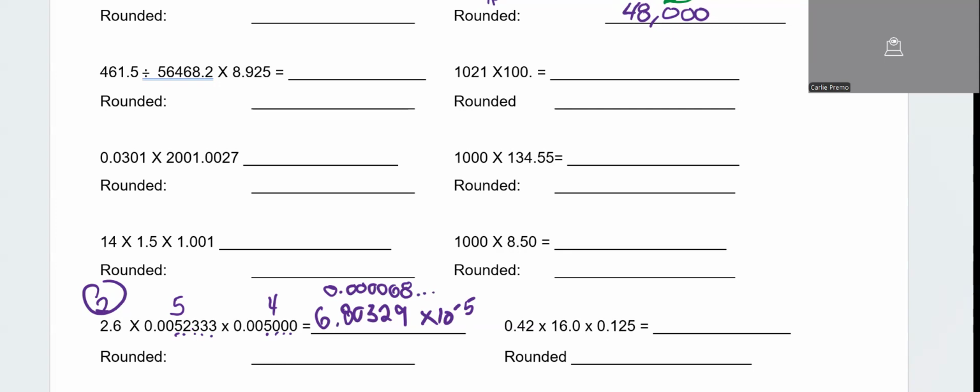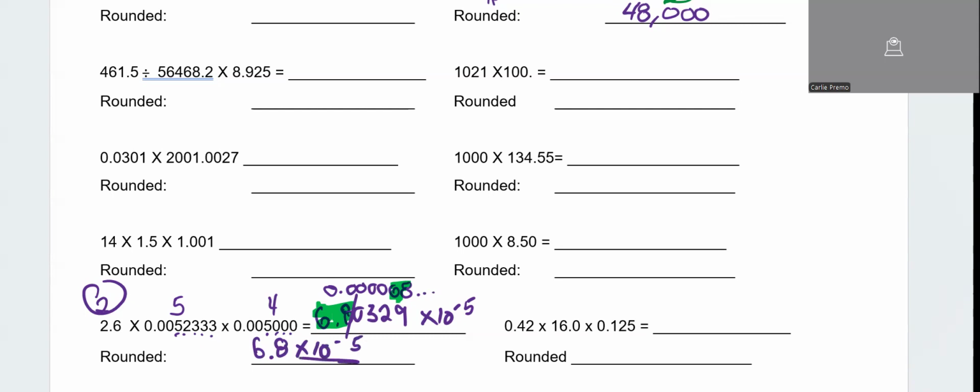But similar process. Our first 2 numbers, whether we're looking at it like this or like this, are the 0.68. So if I'm doing it in scientific notation, I'm basically just going to chop that off. This is a 0 here, so that becomes 6.8 times 10 to the negative 5th.